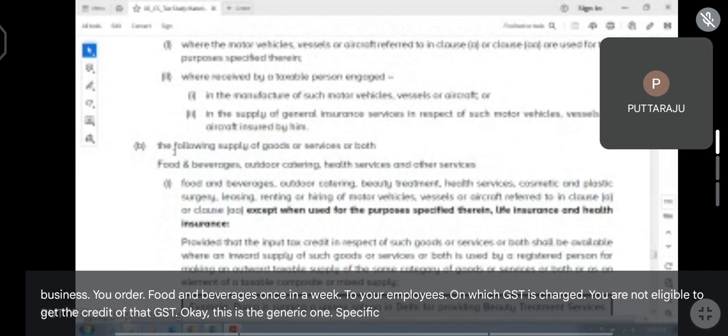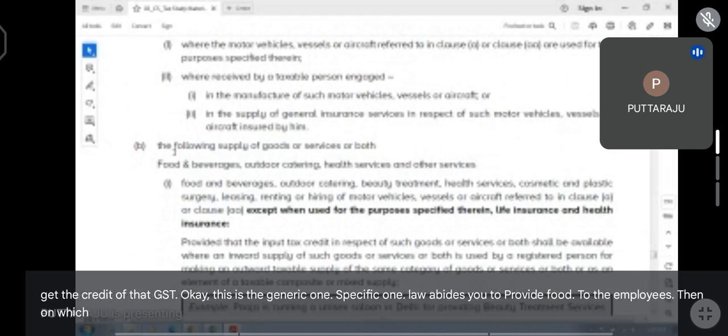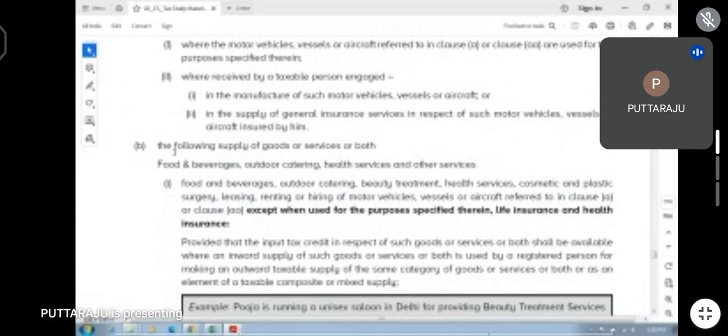Specific one: if the law obliges you to provide food to the employees, then the GST you pay on it, you are eligible to take the credit of that. Understood?